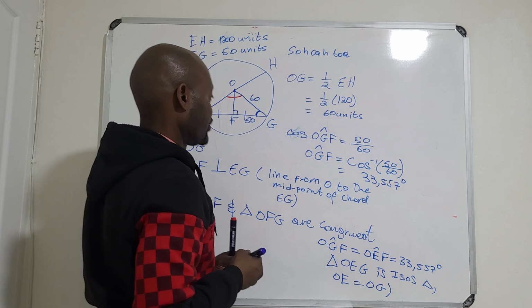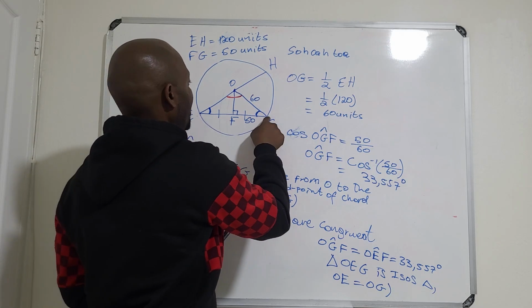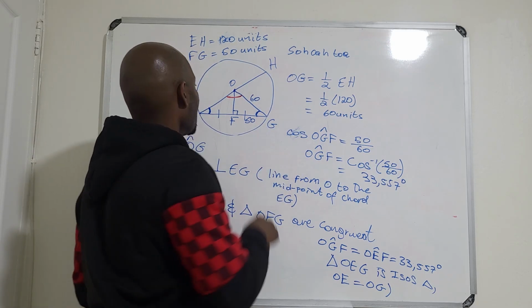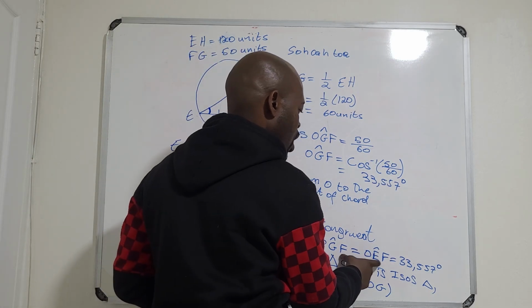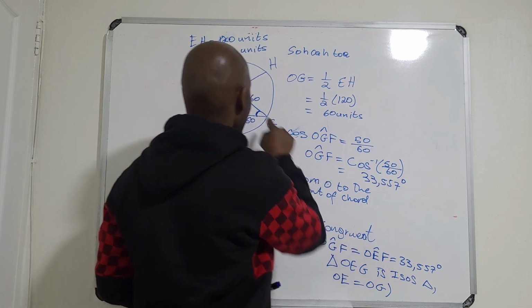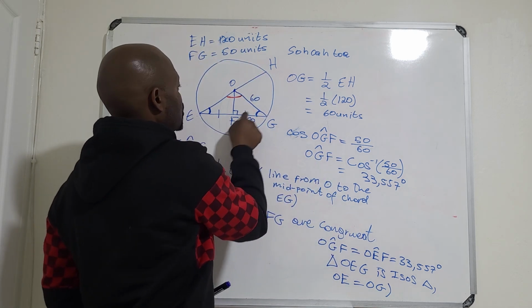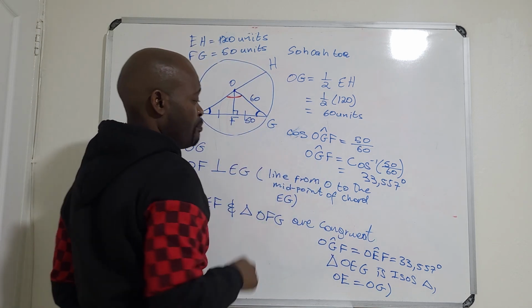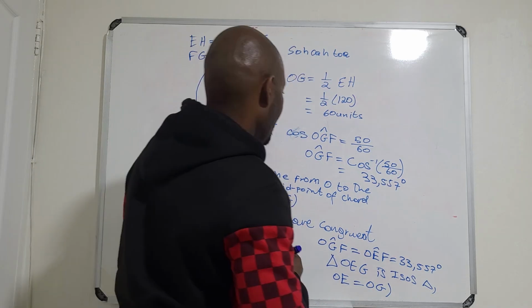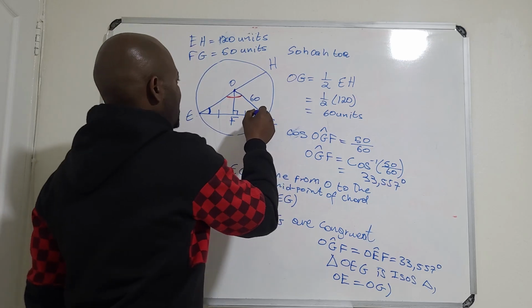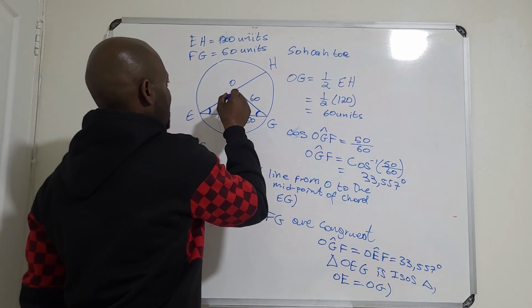That's the reason. OEG is an isosceles triangle. Base angles of an isosceles triangle are equal. That is why this angle is equal to this angle, because they are base angles of isosceles triangle OEG. Therefore, we can add this plus this plus this.